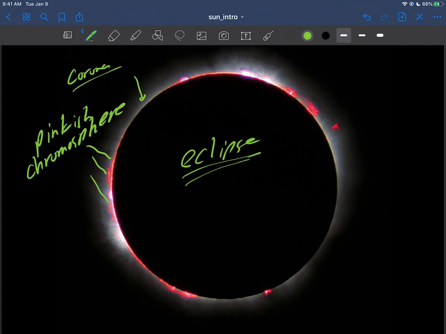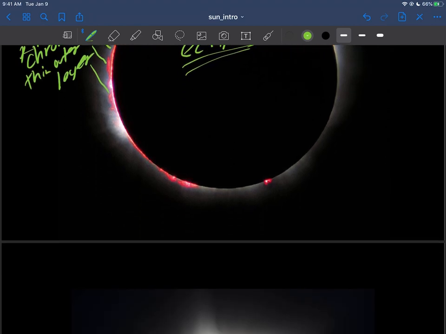Just another structure of the sun, a thin outer layer that looks pinkish like that. So there's the corona and there's the chromosphere for you right there. And you can only see the chromosphere and the corona during an eclipse like that. So a couple of nice things to see there. And remember, the corona is the white wispy area.